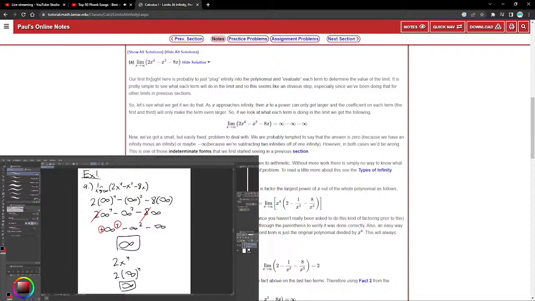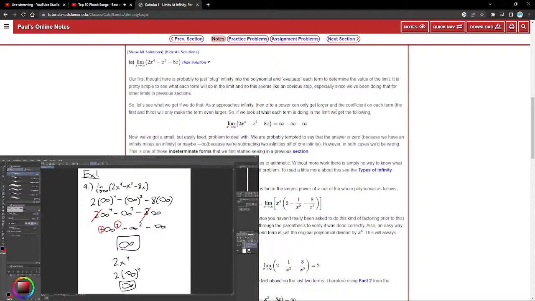So let's see what we get if we do that. As x approaches infinity, then x to a power can only get larger, and the coefficient on each term, the first and third, will only make the term even larger. So if we take a look at what each term is doing in the limit, we get the following: an infinity, a negative infinity, and a negative infinity.